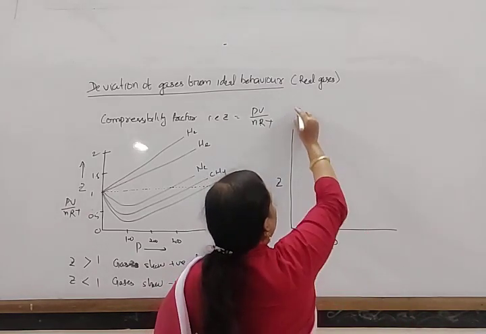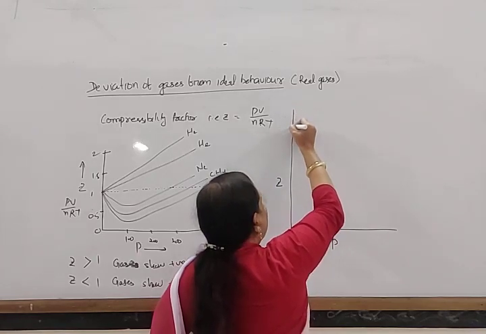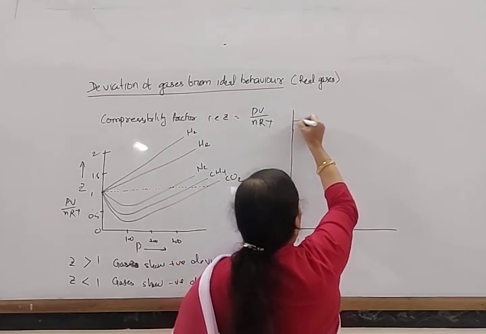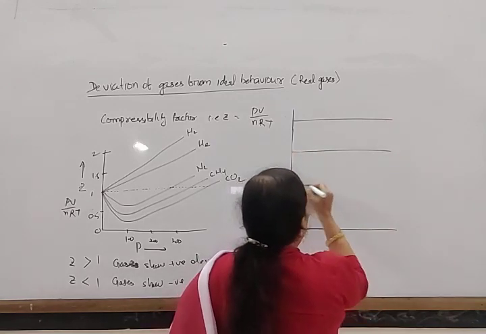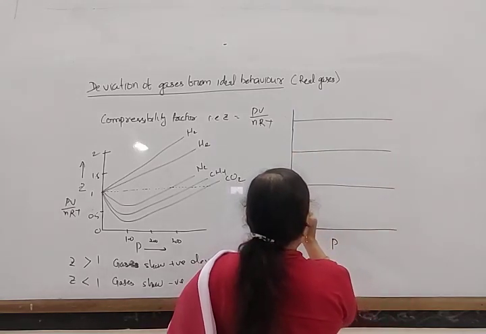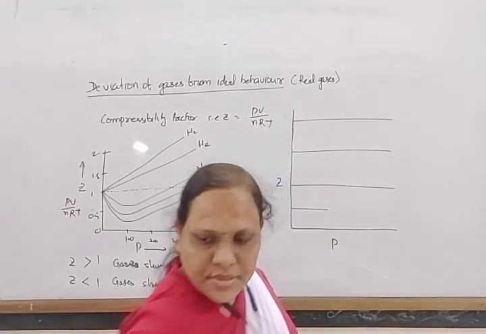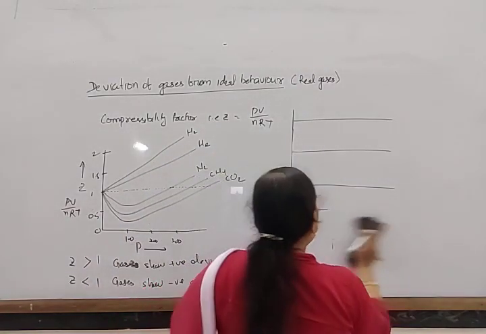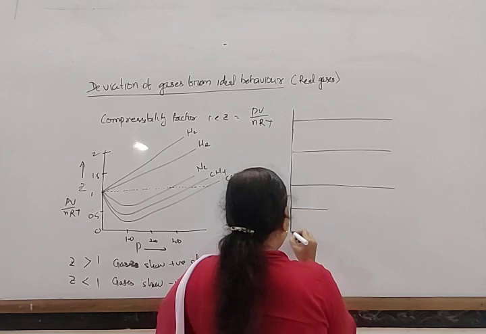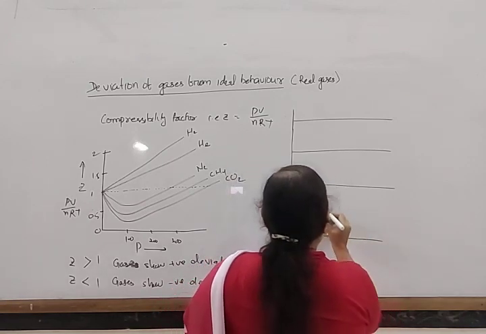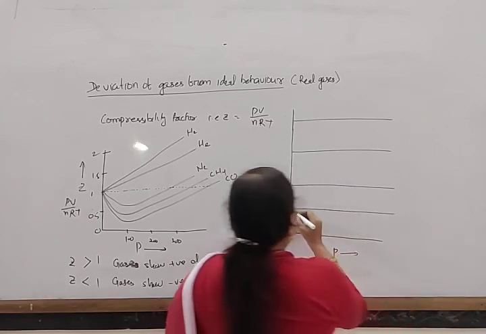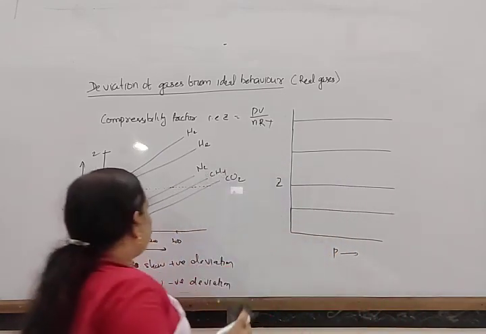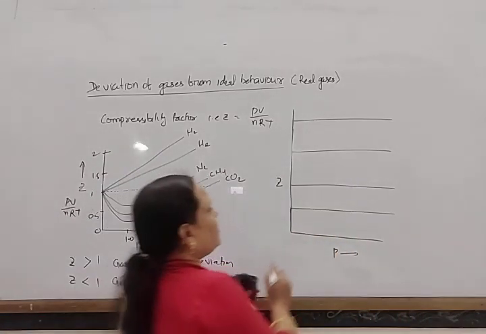At different temperatures, these graphs are drawn for nitrogen gas, and it is found that the dip of the curve, what is the dip of the curve?